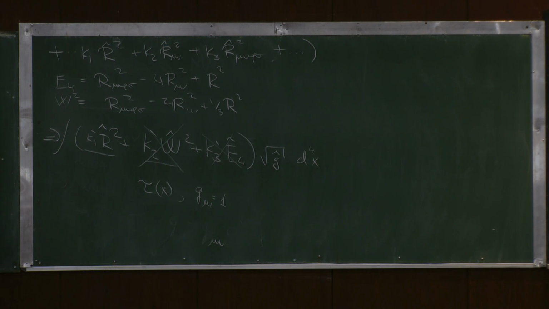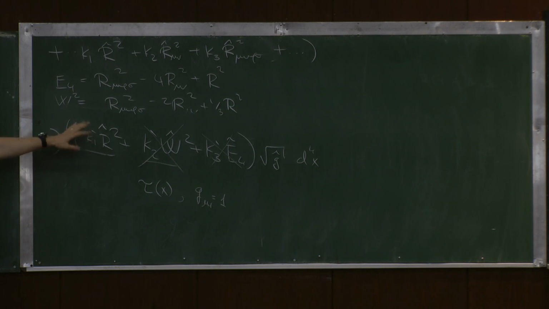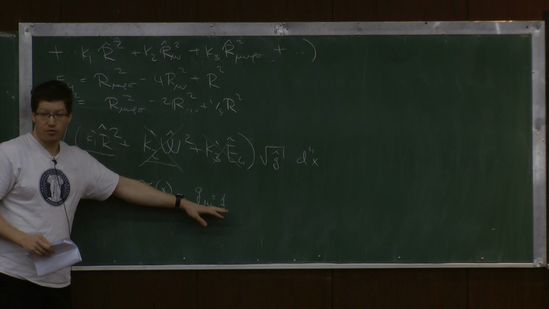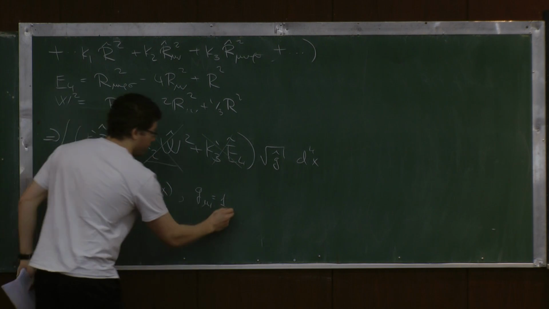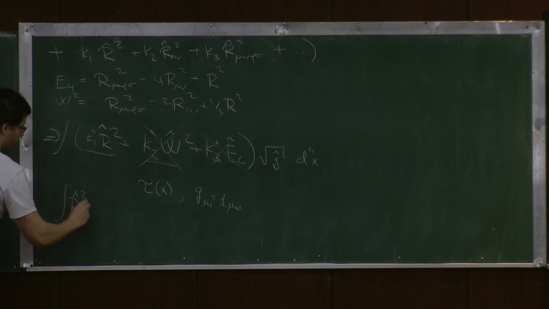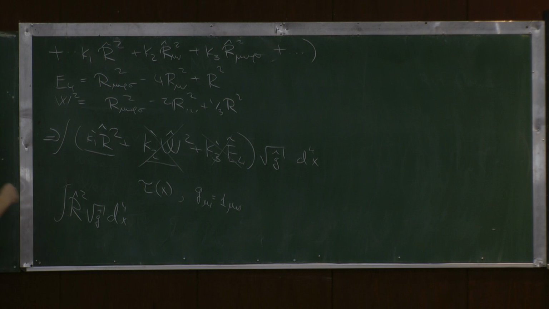And now I'll give you an expression for the Ricci scalar squared in terms of this tau of x for a metric which is flat. And this function has a particular property that will be very important when I get to the physical application of all of this discussion. So you can compute R hat squared, square root of g hat, d4x, when the hatted metric is conformal to flat space with a conformal factor tau of x.